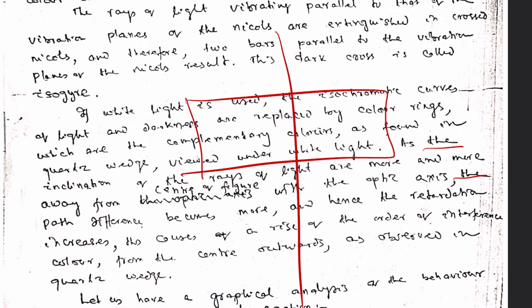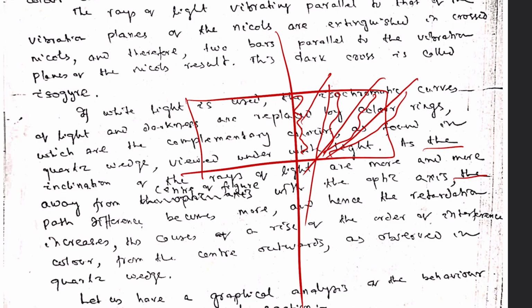The light which is passing through the center parallel to the optic axis covers this much path. The light which is oblique, coming in one ring, is covering this much path. This light is covering a greater path, and this one still more path.